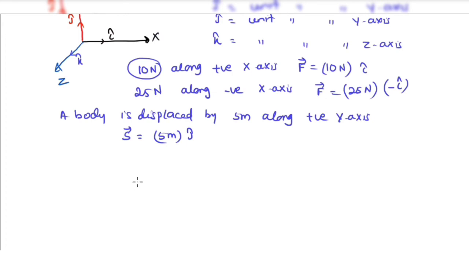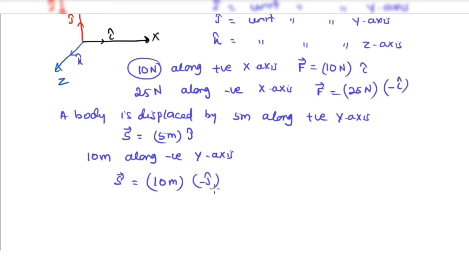Similarly, if the body is displaced by 10 meter along negative y-axis, then the displacement will be how much? 10 meter into minus j cap.